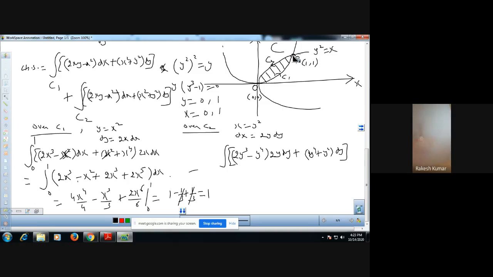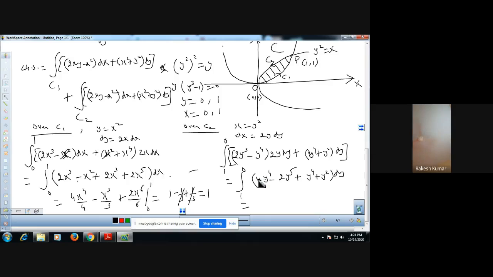So the limits from P to O of y are 1 to 0. So the lower limit is 1, upper limit is 0. So let us simplify it. That is 2 2s are 4y4. This is 2y5 plus y4 plus y square into dy.